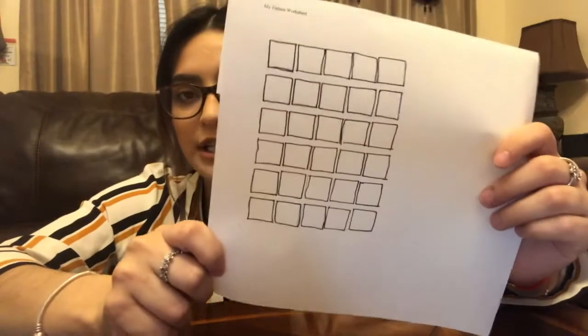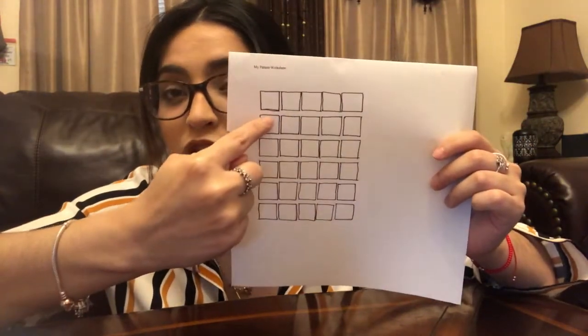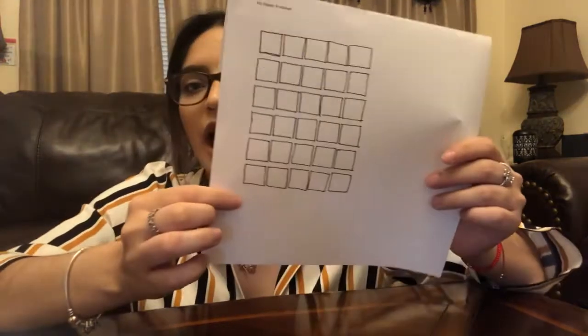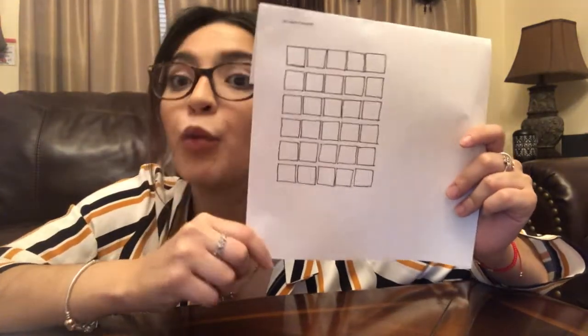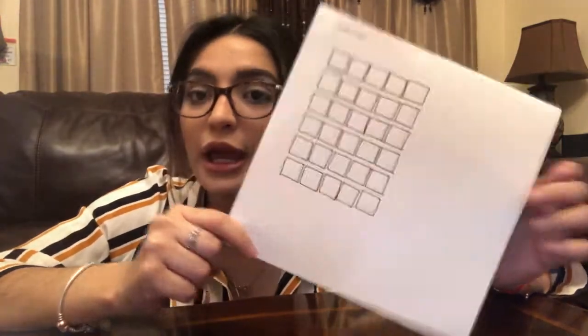Okay, so what I want you to do next, everyone has this paper in their desk. It's 5 different squares, and I want you to create your own pattern. Use whatever colors you want, but just 2 colors.